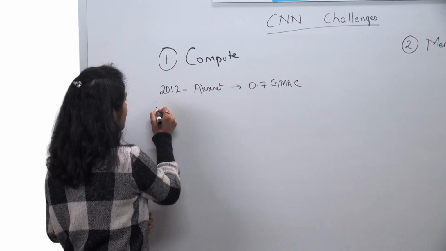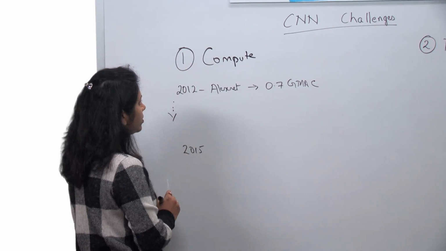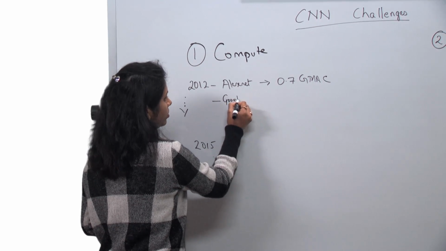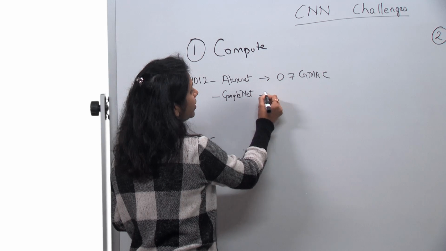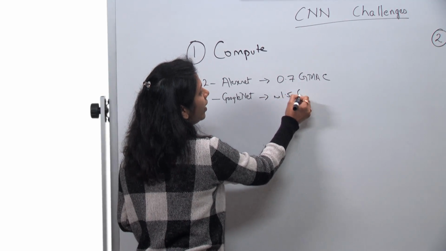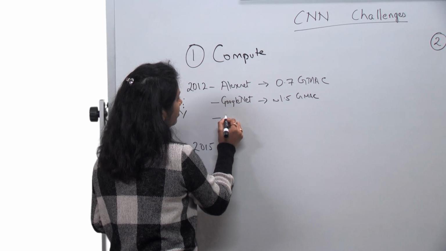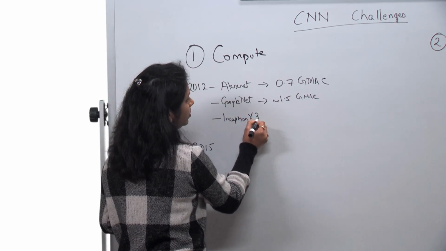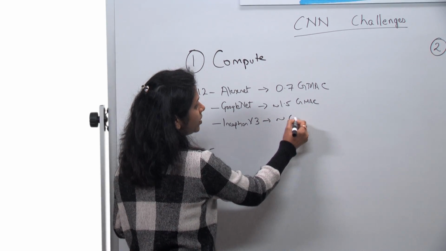Later on, between 2012 and 2015, we came with GoogleNet, also known as Inception V1, and there it's roughly around 1.5 gigamac. Then came Inception V3, another Google CNN algorithm, and there it's roughly around 6 gigamac.